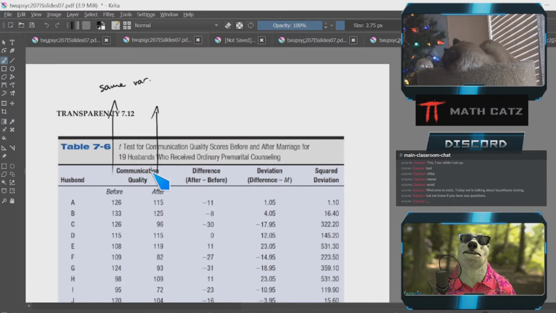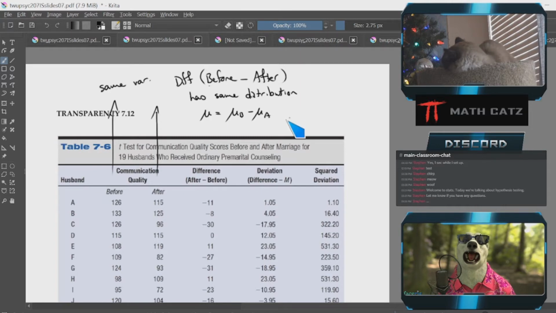The difference we choose, before minus after, as a random variable has the same distribution. In terms of its mean, it will be the same as the before minus after mean.